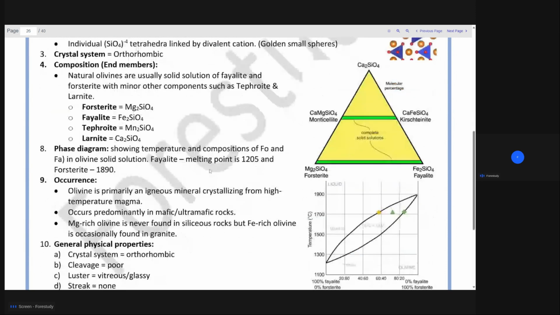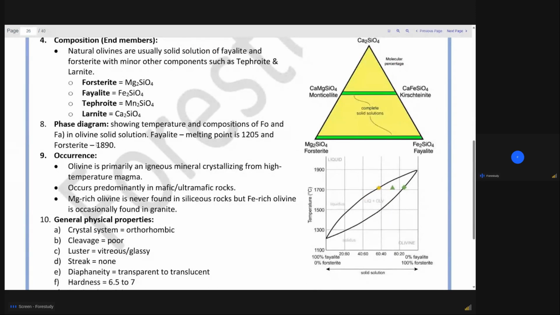So this is a solid solution showing the Forsterite and Fayalite olivine solid solution, where the melting point of Fayalite is 1205 and Forsterite is 1890. I'll try to explain how this solid solution looks, because you will get a better idea when I go into all these things in igneous petrology class, where we will again come across this eutectic system and solid solution system.